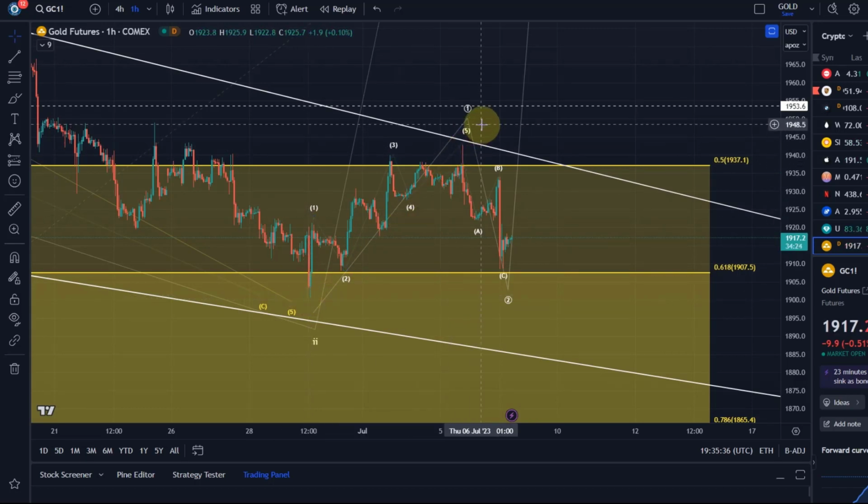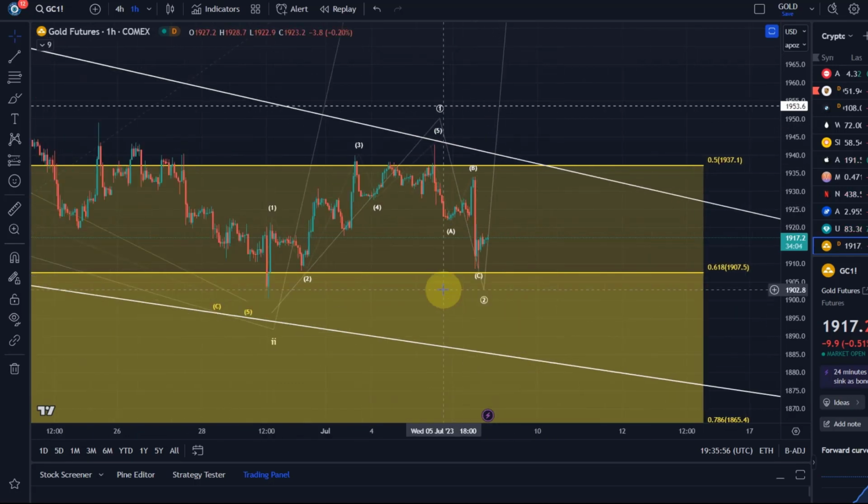Now we can never trust leading diagonals, and I would like to keep the option open for lower prices because I don't trust it. It hasn't fully convinced me. Diagonals always need to convince us, okay? If this was an impulse, we could trust it more, but this could easily turn into something more of a drop.